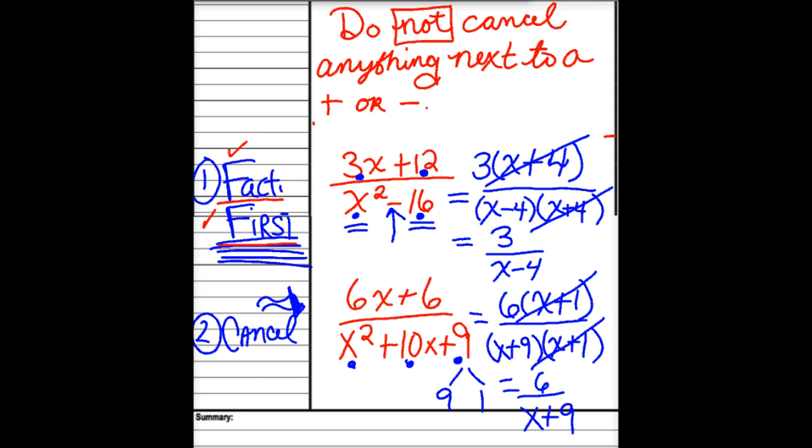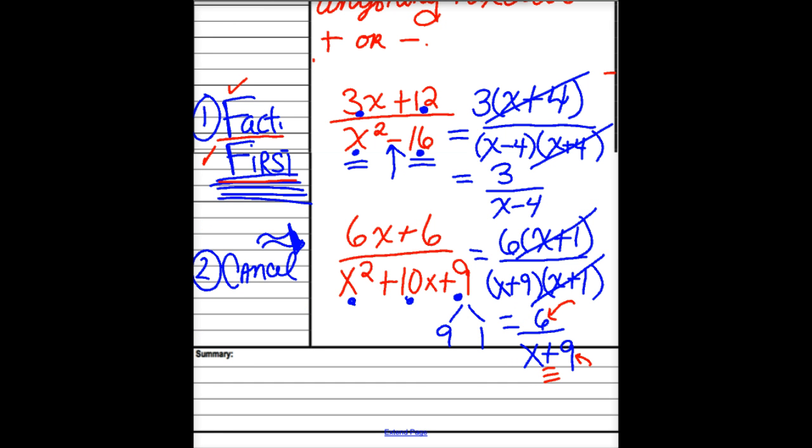And then the question is always, well, can I take a 3 out of each of these? And the answer is no, because one of them's living next to a plus. So to repeat, and this one actually deserves a summary, I think. So let's go to the bottom of the page there where the summary is.